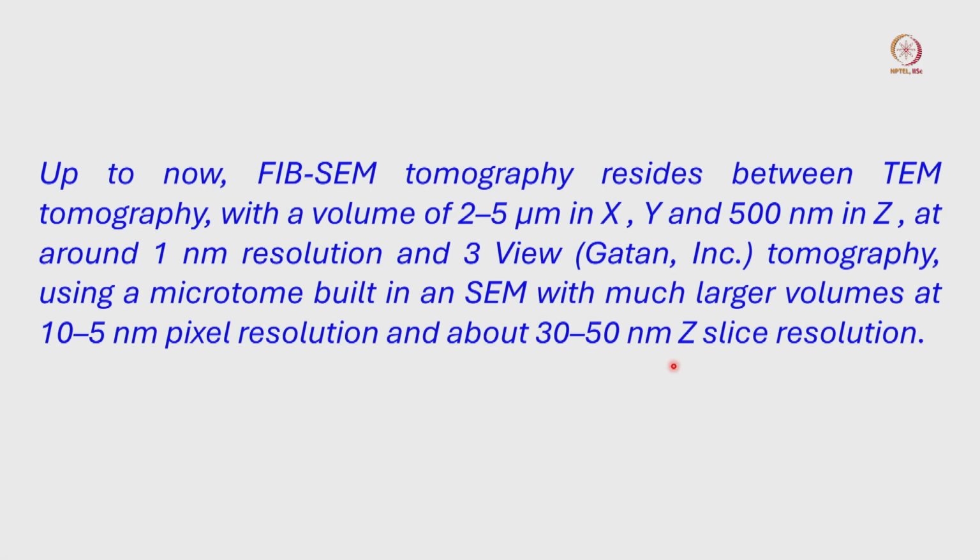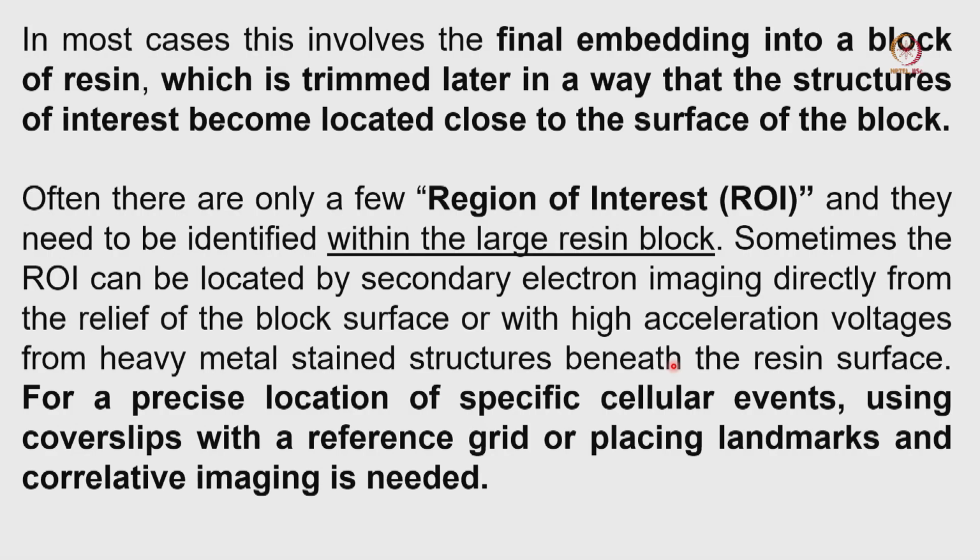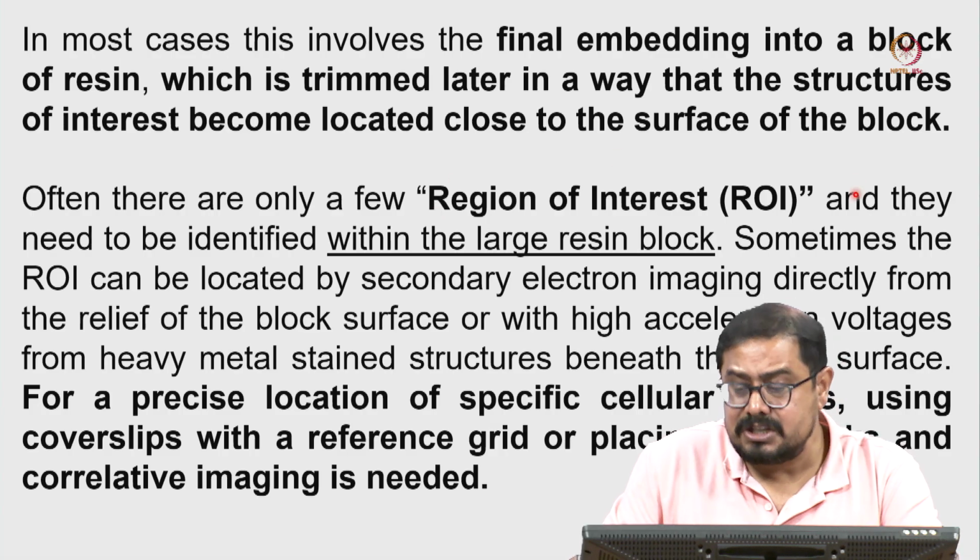So, if you consider that resin block, the most important part is that when we have a block or a tissue, it will be embedded in the resin, or there is a plastification on top of the cell, and then first we have to focus on the region of interest.